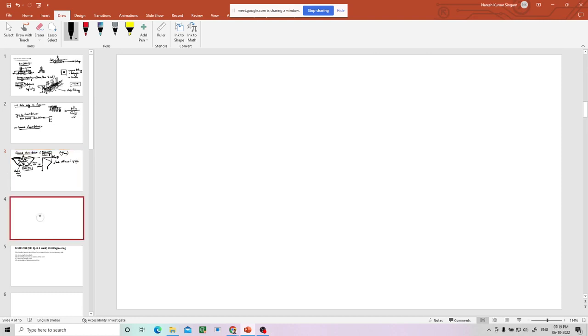So we'll talk about the second kind of shear failure, that is local shear failure. Okay, that is local shear failure, the second one. Let us draw the footing again.